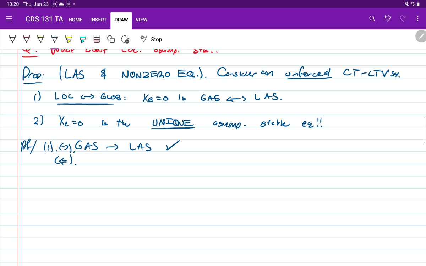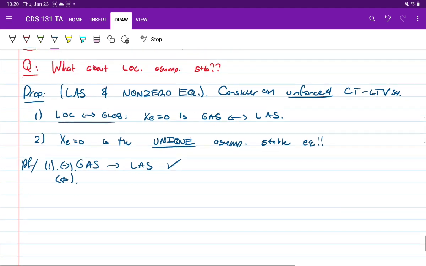There's a couple of different ways we can go about proving this other direction, but I'll just show you one way that uses this property that we previously showed above. There are other, maybe more direct ways, but I want to show you how you can use the previous result.